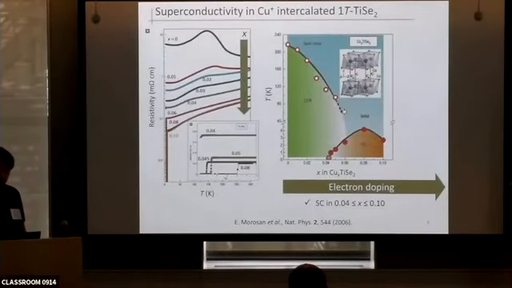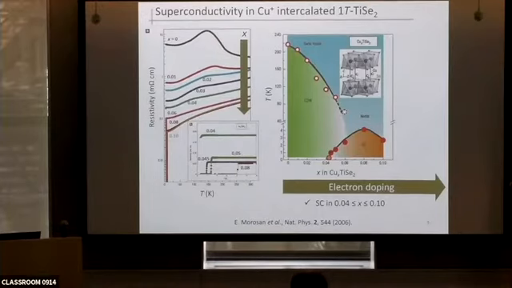The first topic of my talk is band filling control by potassium intercalation. Superconductivity was already reported in a certain potassium-doped region, in which the amount of potassium is 0.4% to 10%. This low-doped region is well studied by various methods. On the other hand, there have been few reports of the high-doped region so far.